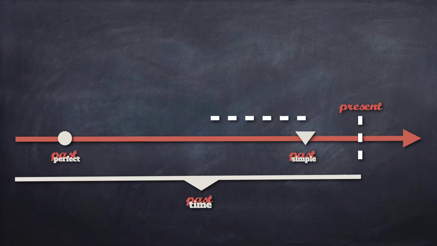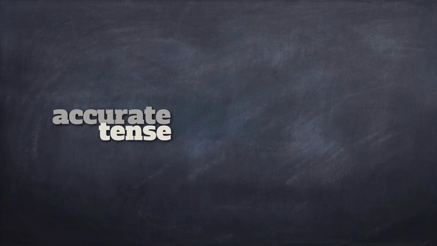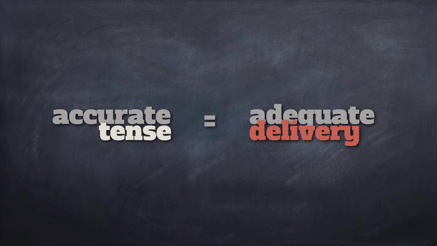Sometimes the actions we refer to take time to be completed or are interrupted by another. Using the adequate tense is important to accurately deliver the message your students are meant to receive.